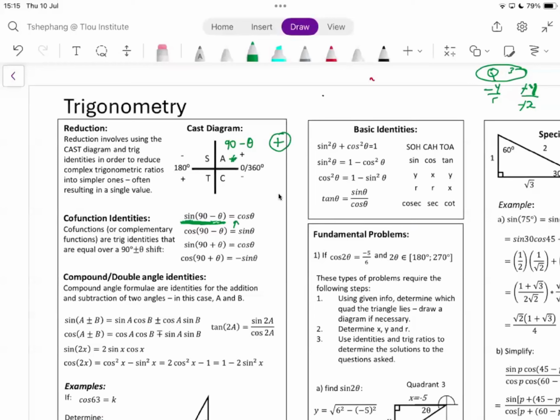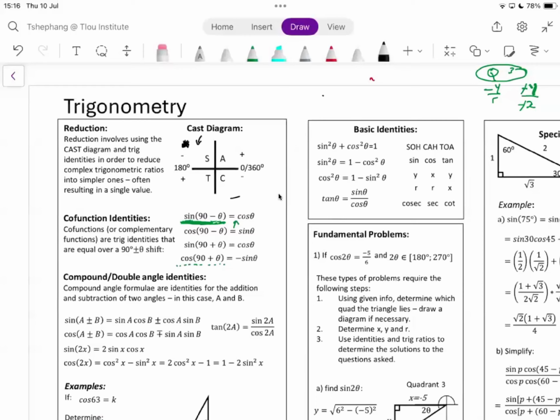Now, let me explain cos of 90 plus. We need to check, where is 90 plus? It's in the second quadrant. Now, what do we know about cos in this quadrant? Cos is negative. That's why we attach a negative sign first.